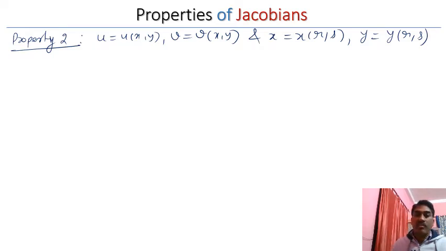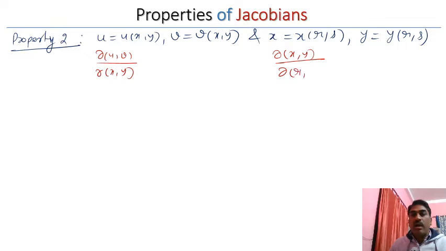So as I told you the thumb rule, according to the thumb rule here you can find the Jacobian of uv with respect to xy, and here you can find the Jacobian of xy with respect to r and s.